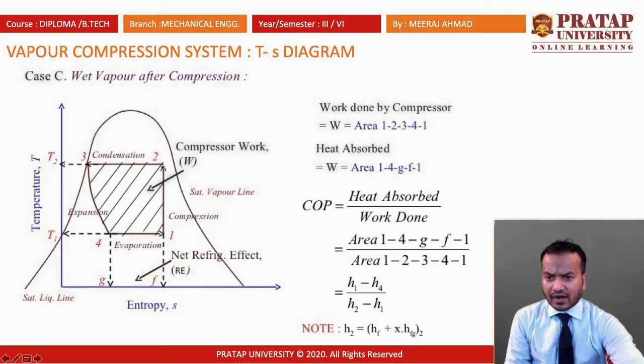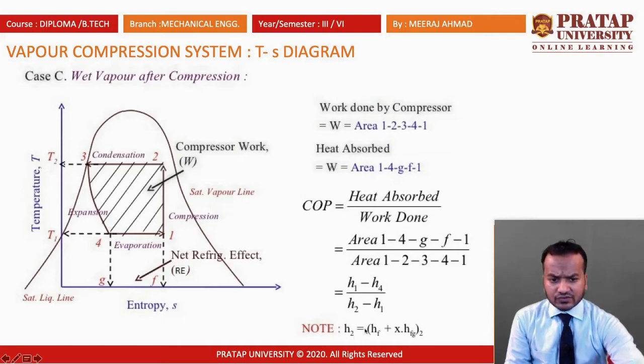So how do you write the formula of S2 and S1 in this case? You got the value of S3, and S3 is equal to S4, because it is an isenthalpic process. So how do you write the value of enthalpy at point 2?